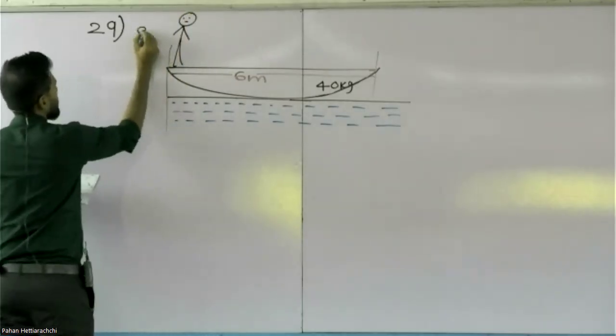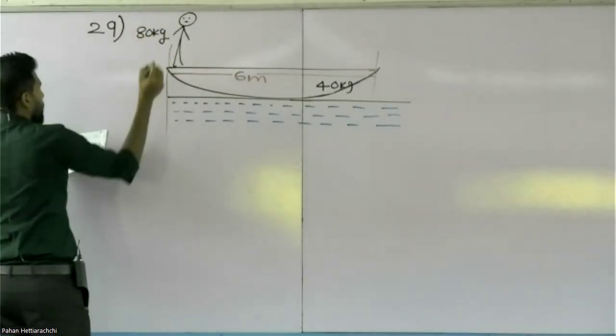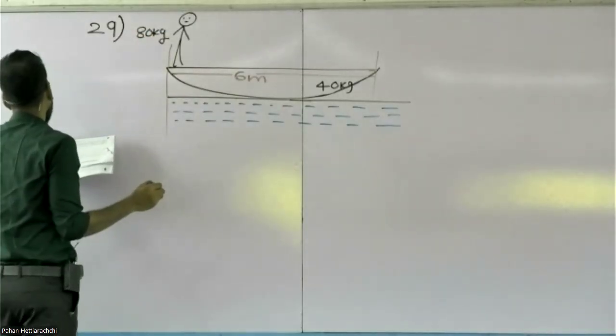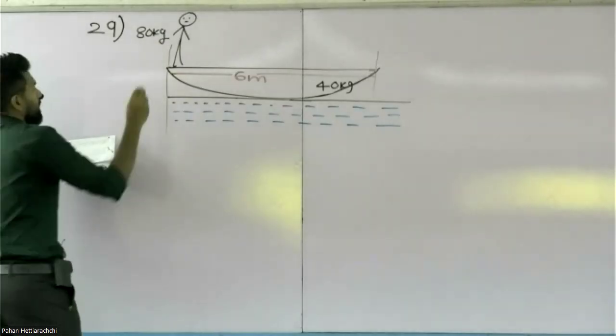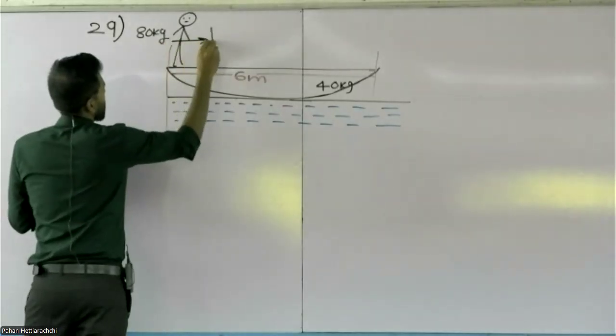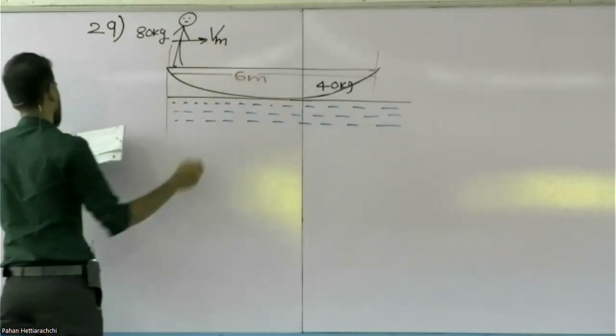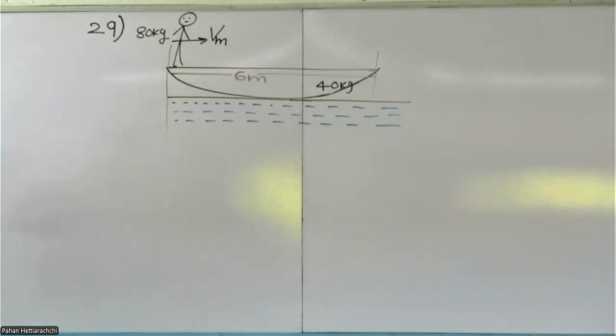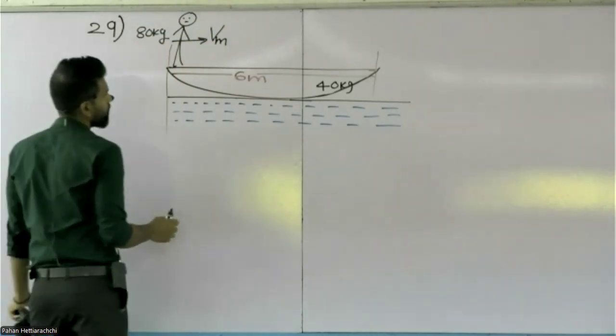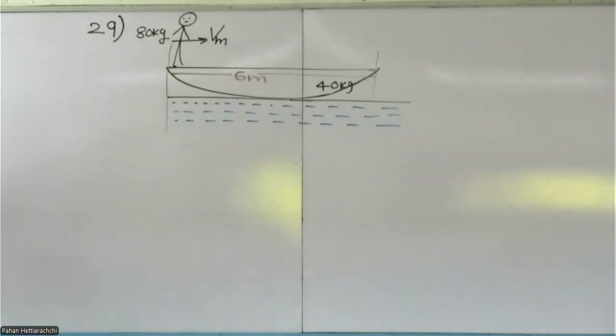He is 80 kg in mass. He walks from one end to the other end with a constant speed, let's say Vm. Find the distance moved by the boat relative to the river.